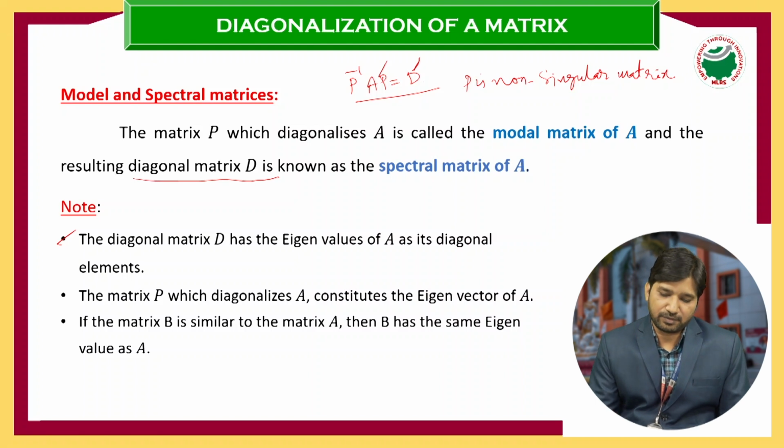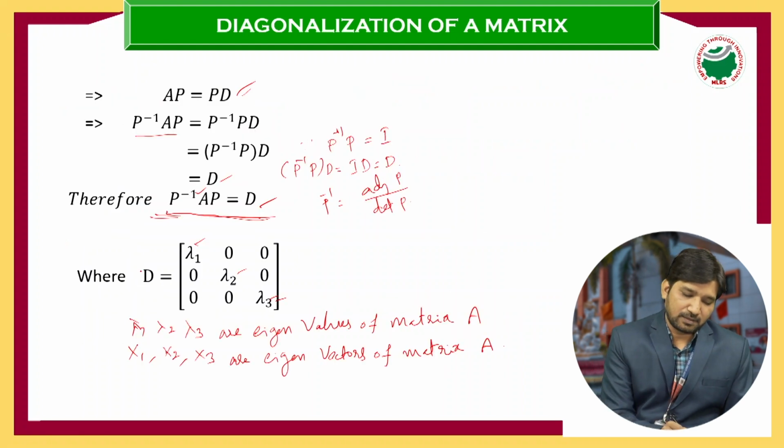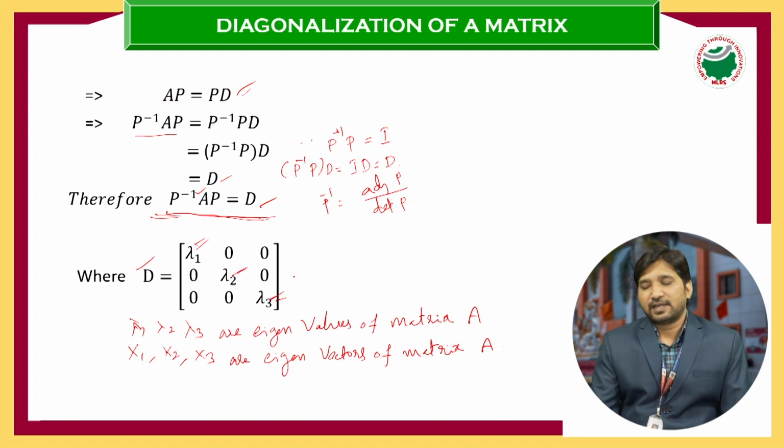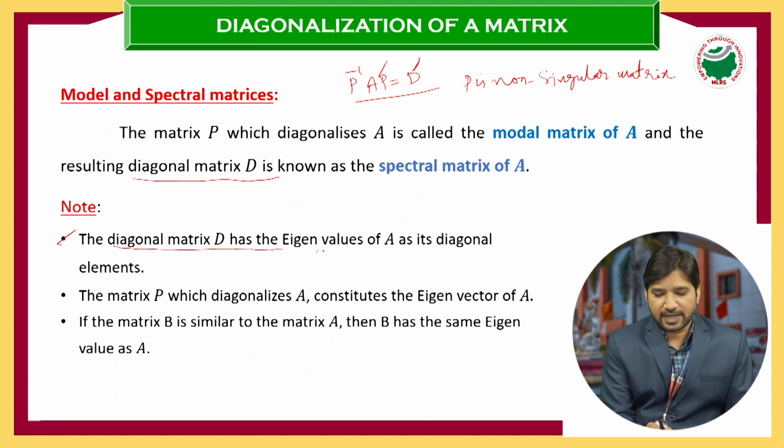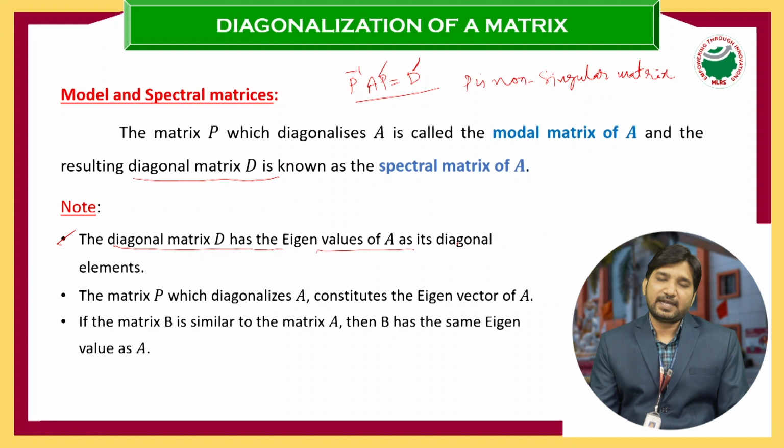Already I know that in the diagonal matrix D, lambda 1, lambda 2, lambda 3 are the eigenvalues of the given matrix, that is, the diagonal matrix D has the eigenvalues as its diagonal elements.